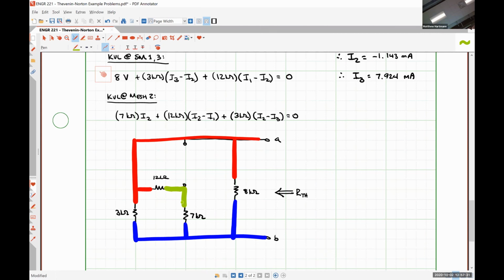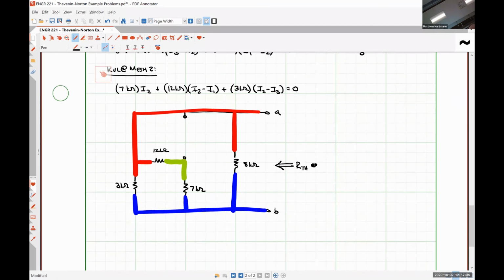So to me, this looks like the 8 kilo ohm resistor is in parallel with the 3 kilo ohm resistor, is in parallel with the series combination of 12 kilo ohms and 7 kilo ohms.